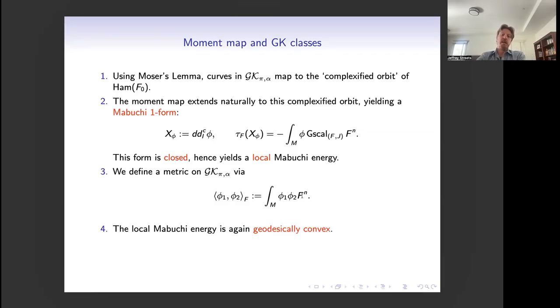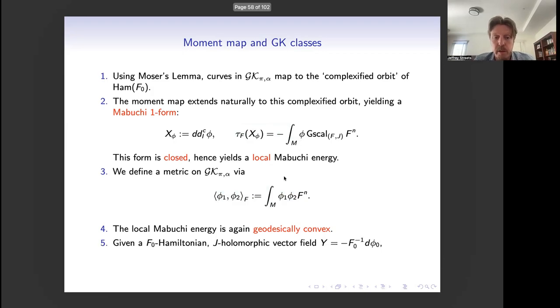And all of these formal properties that we know from the Kähler world carry over. So this local Mabuchi is geodesically convex. This metric defines a geodesic equation, and then this Mabuchi energy will be convex along geodesics.